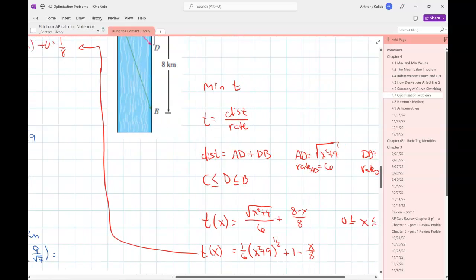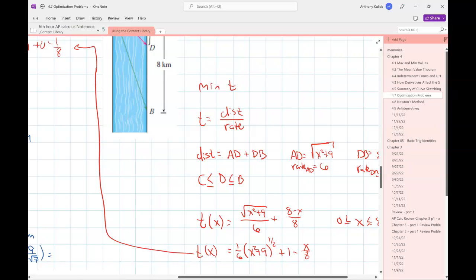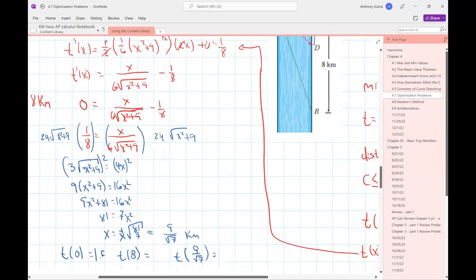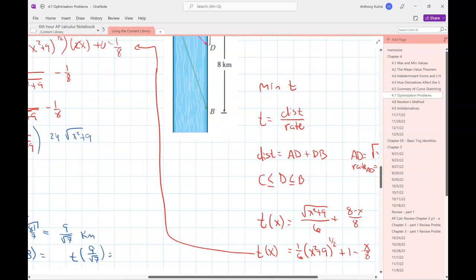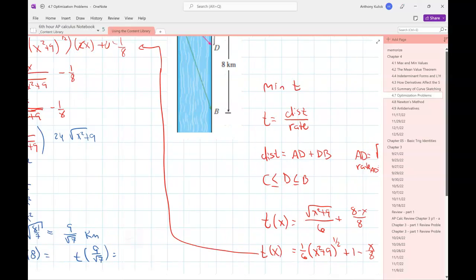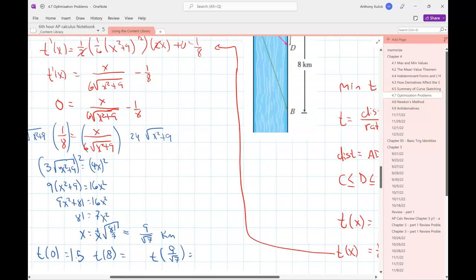So if I plug 0 in for t, I get 3 over 6 plus 8 over 8, so 1.5. If I plug 8 in, I get 64, so square root of 73 over 6 plus 0. Square root of 73 over 6. Okay, it says 1.42 is what that is.